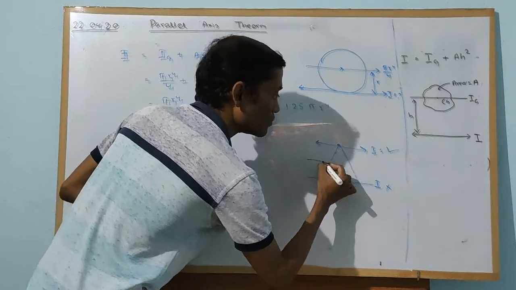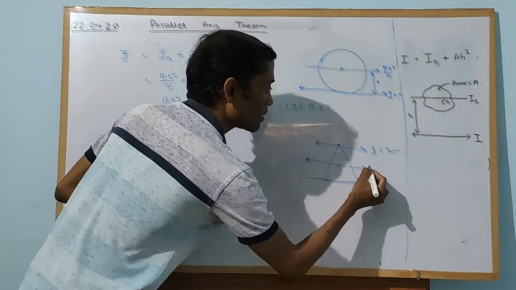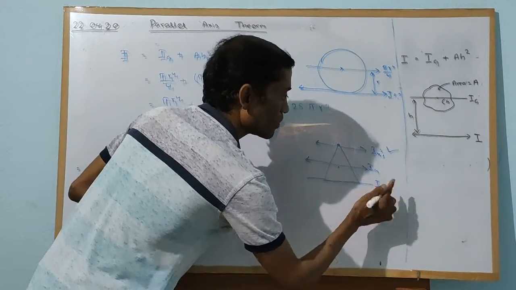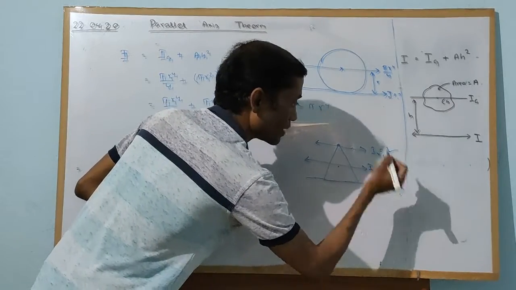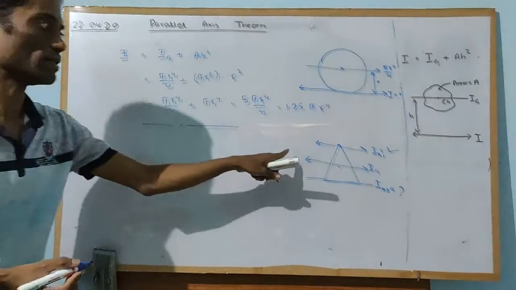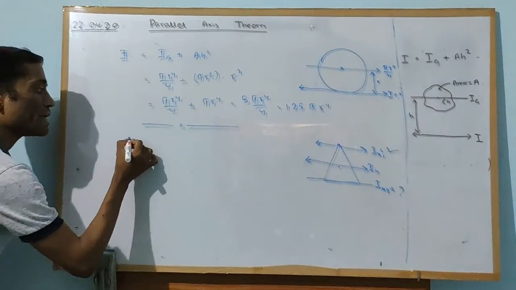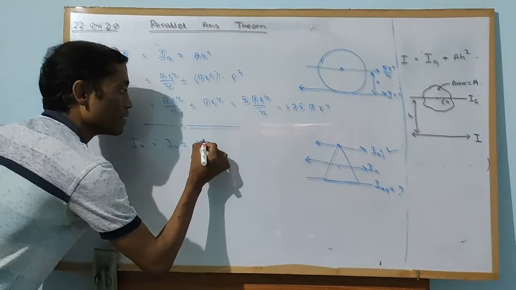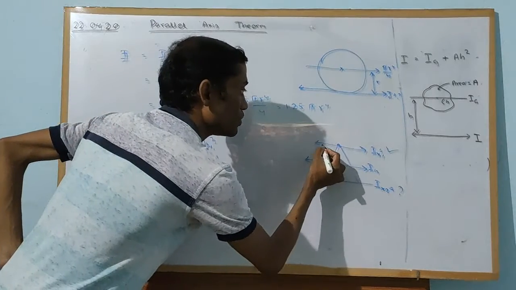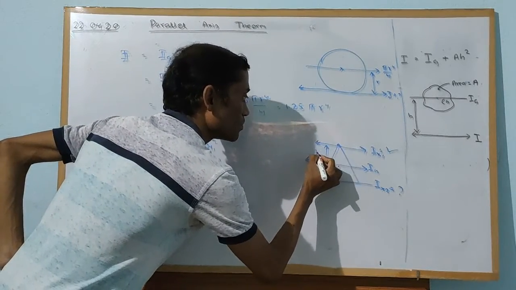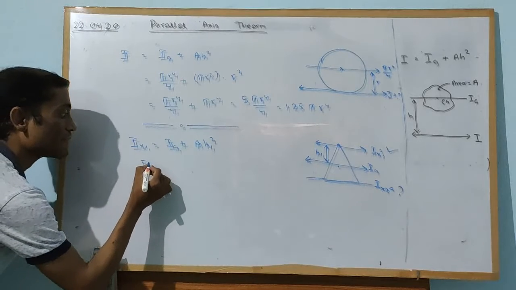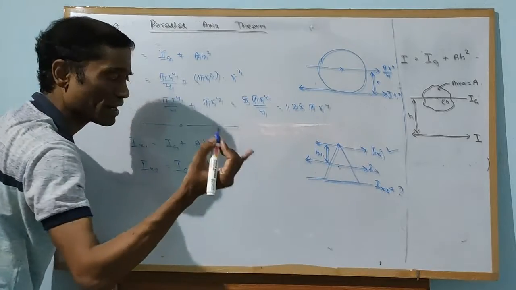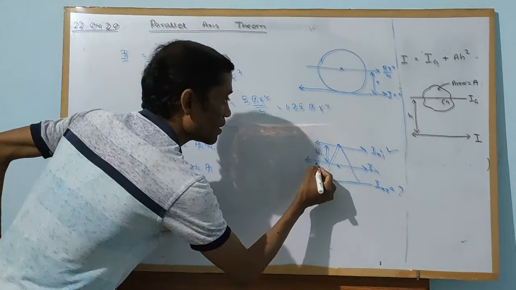Let this be Ig, which I don't know. This is Ix1, which I know. This is Ix2, which I want to calculate. But I don't know Ig. But I can write Ix1 is equal to Ig plus A h1 square, where h1 is the distance between Ix1 and Ig. Similarly, I can write Ix2 is equal to Ig plus A h2 square, because the total area is the same every time.